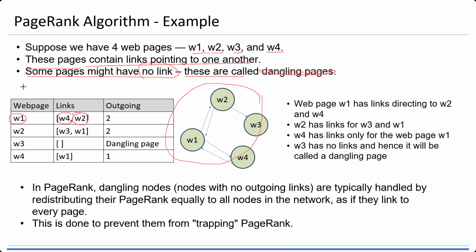So because they have links to these two pages, we can say that W1 has 2 outgoing links, to W2 and W4. Then the outgoing is 2.